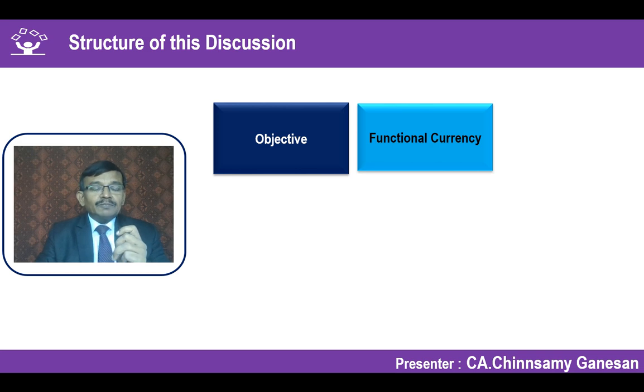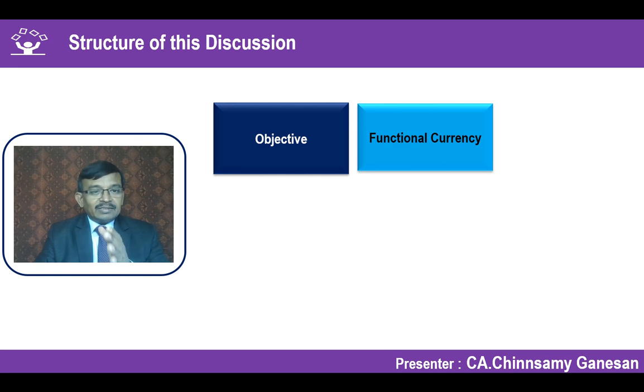So we will spend a lot of time in understanding what is the meaning of functional currency, what are all the indicators of functional currency, how the functional currency has to be set or determined. In simple terms, the standard says that first you have to determine what is the functional currency and then only you have to proceed.